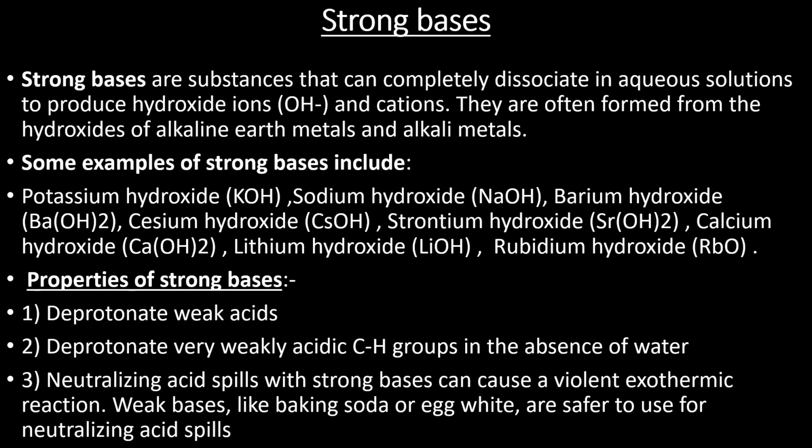Some examples of strong bases include potassium hydroxide, sodium hydroxide, barium hydroxide, cesium hydroxide, strontium hydroxide, calcium hydroxide, lithium hydroxide, and rubidium hydroxide. Now, there are certain properties of strong bases.